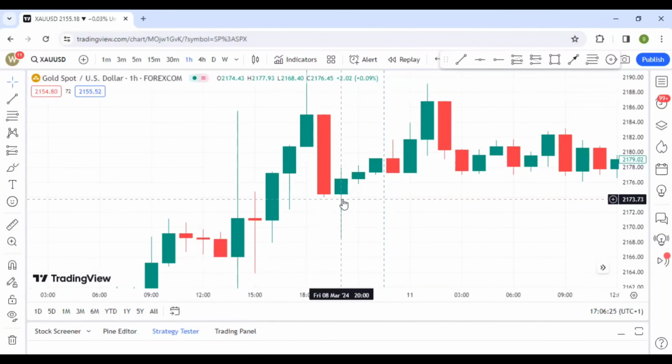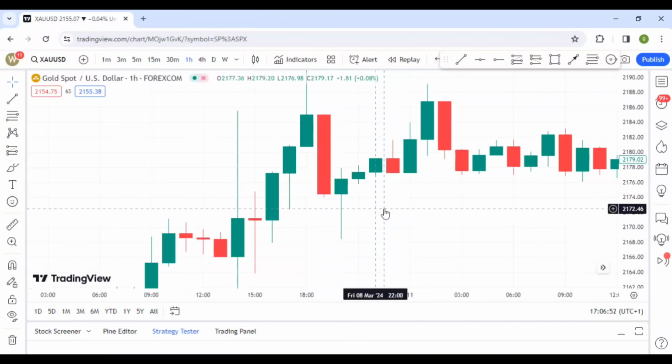So the longer the lower wick, the more effective the bullish signal. The longer lower wick determines the strength of that particular candle, and it tells us that the bulls, the buyers, are strong enough to overcome the sellers.